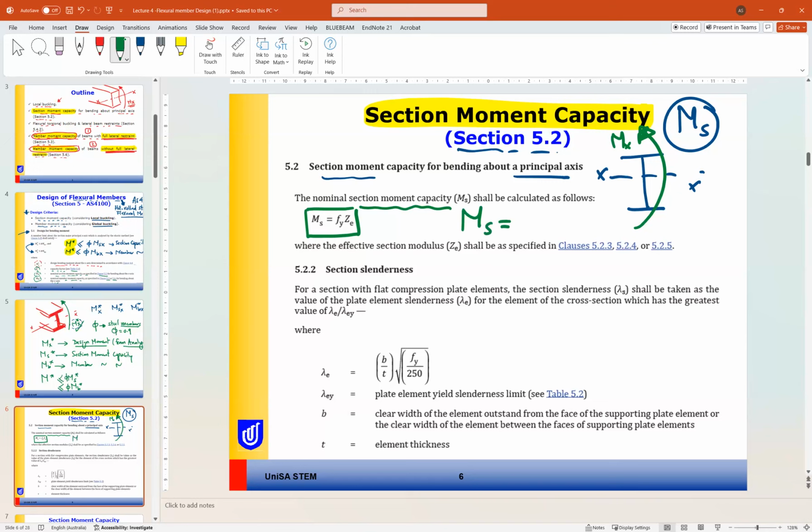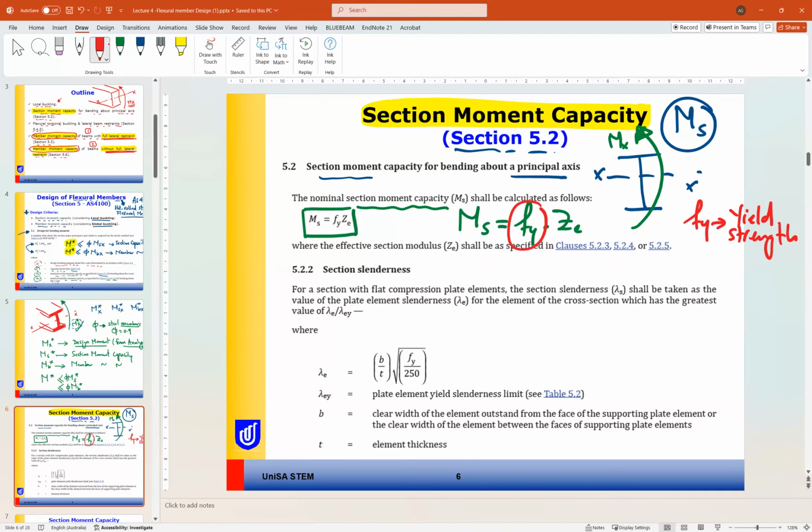So MS, section moment capacity, equals F yield, the yield strength of steel, times Z effective, the effective section modulus. F yield is the yield strength of steel based on the type of steel you are using, and Z effective is the effective section modulus.